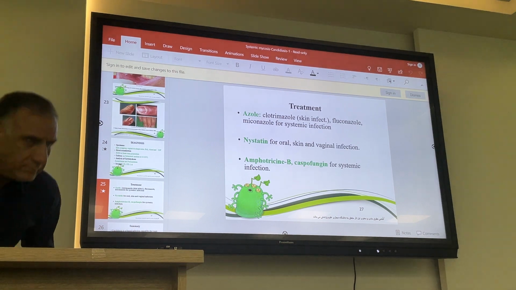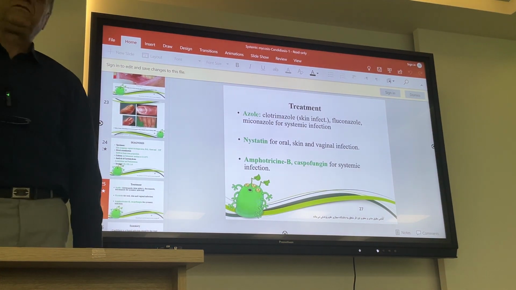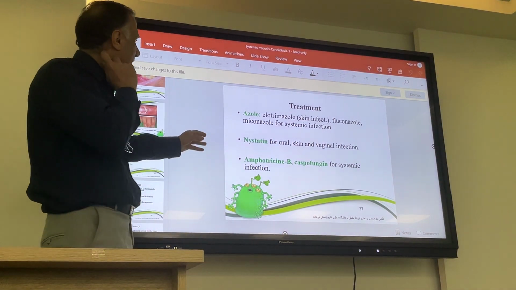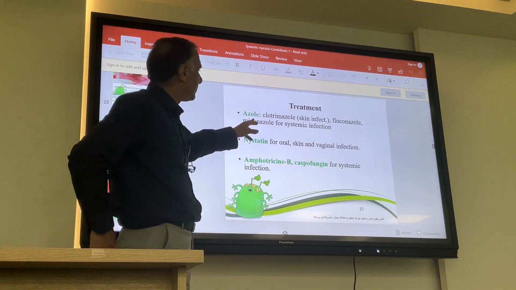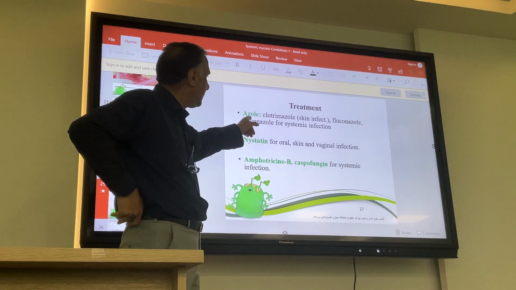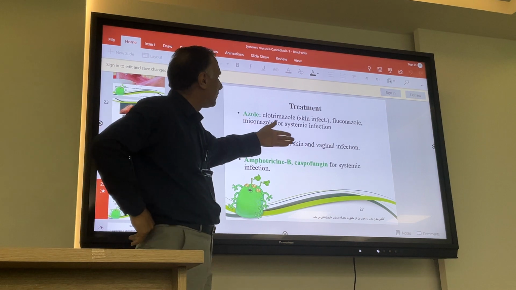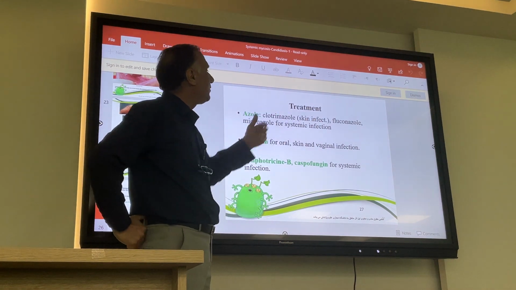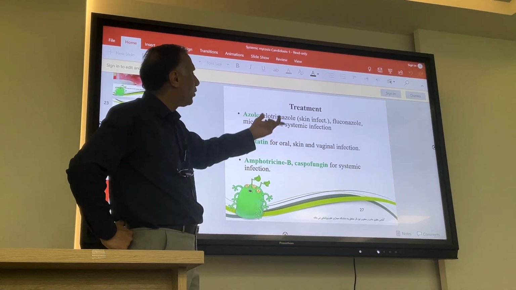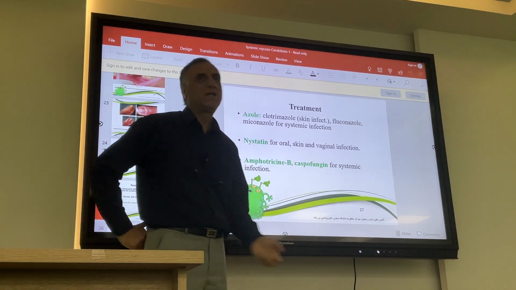Azoles may be used instead of nystatin: from the azoles, miconazole, fluconazole, clotrimazole in skin infection, and orally miconazole, fluconazole in systemic infection.